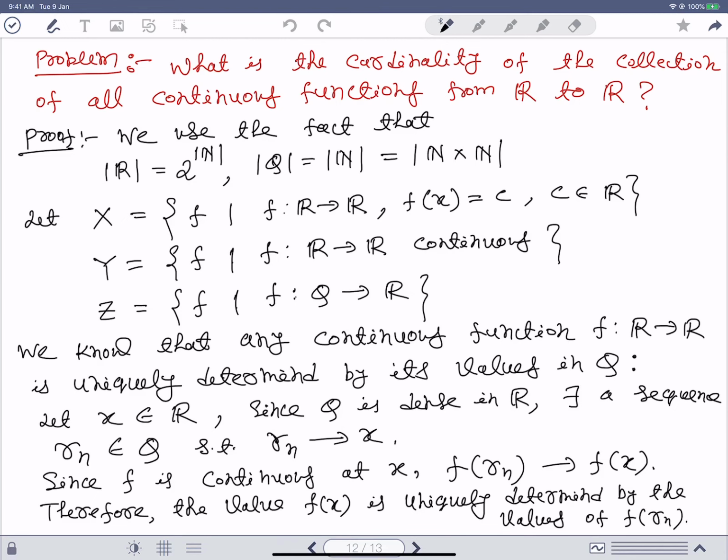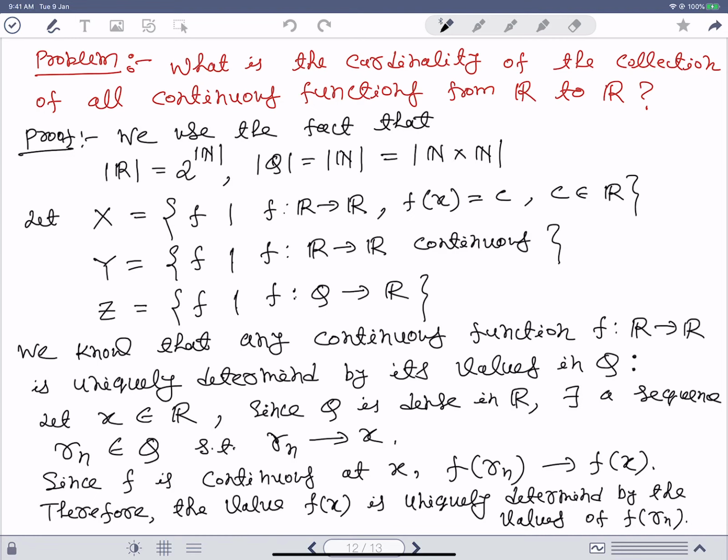That means if you know the values of the function on rational numbers, then you know the values of the function at each point of the real numbers, since f is continuous. Now what is my Z?